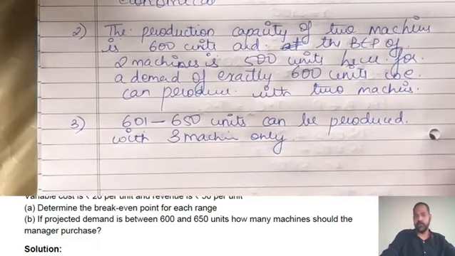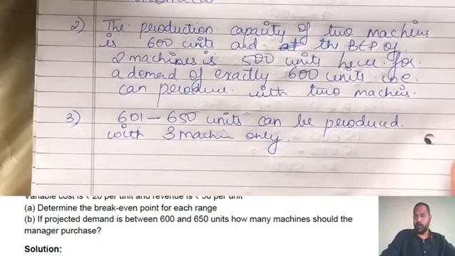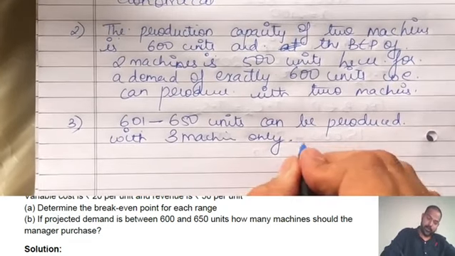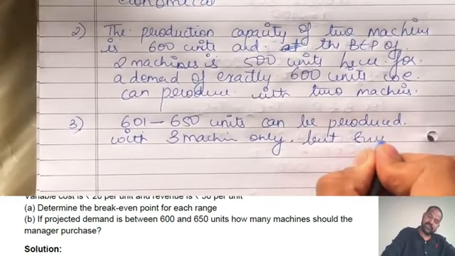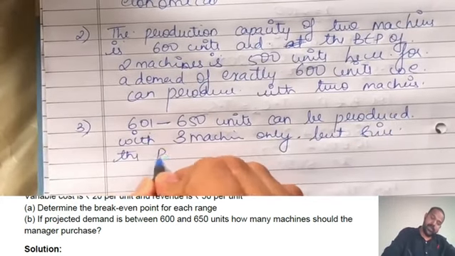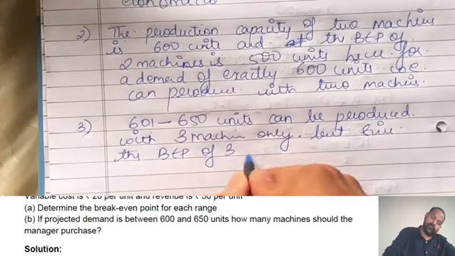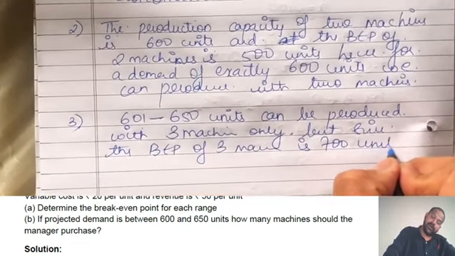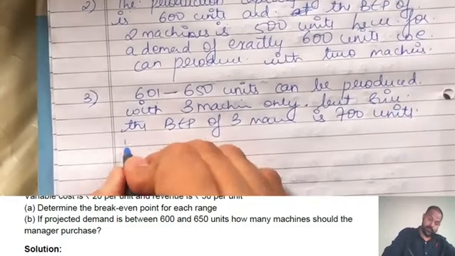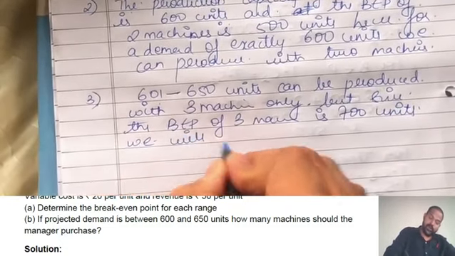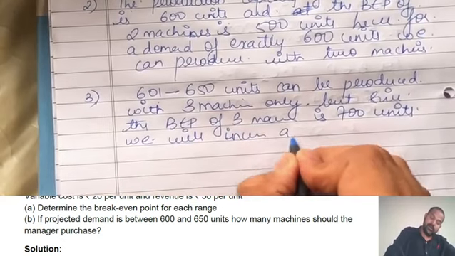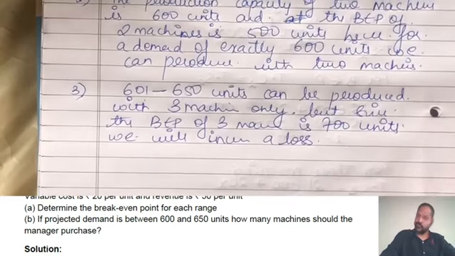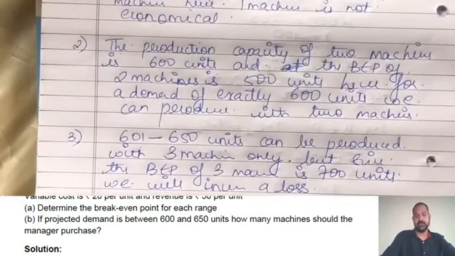You cannot produce it with any other combination. You can't buy 1, you can't buy 2. You have to buy 3, you don't have a choice. But since the BEP of 3 machines is 700 units, we will incur a loss, because you are not going to reach the break-even.